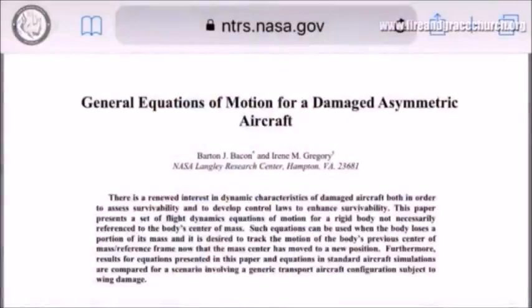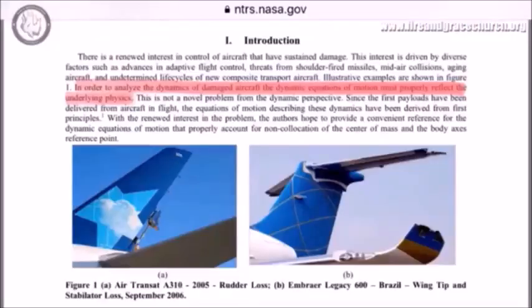All right, here's one. This one is NASA.gov. Now, this is general equations of motion for a damaged asymmetric aircraft. And the technical manual gives you this stuff. Here's the introduction, right? They're saying, in order to analyze the dynamics of damaged aircraft, the dynamic equations of motion must properly reflect the underlying physics.